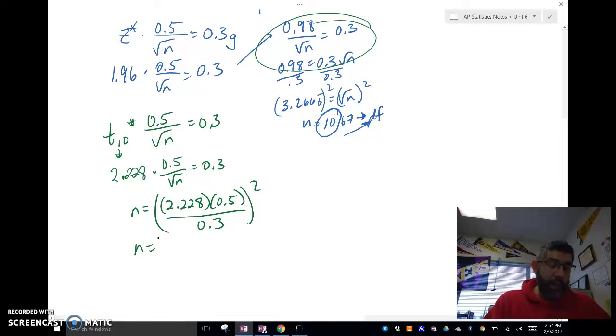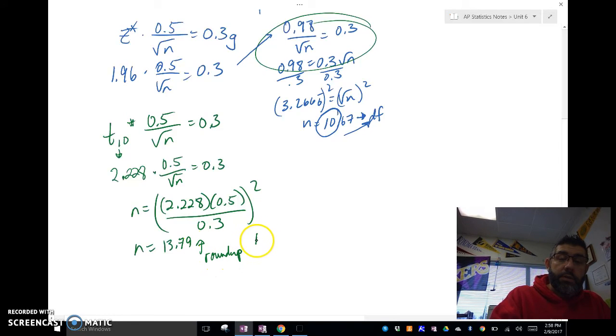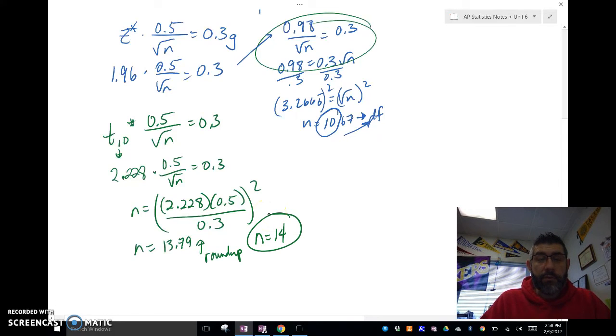Give me just a second to do this on my calculator. 2.228 times 0.5 divided by 0.3, and I will square that, and that gives me 13.79. And what I have to do is round up to 14. So my sample size is going to need to be 14.